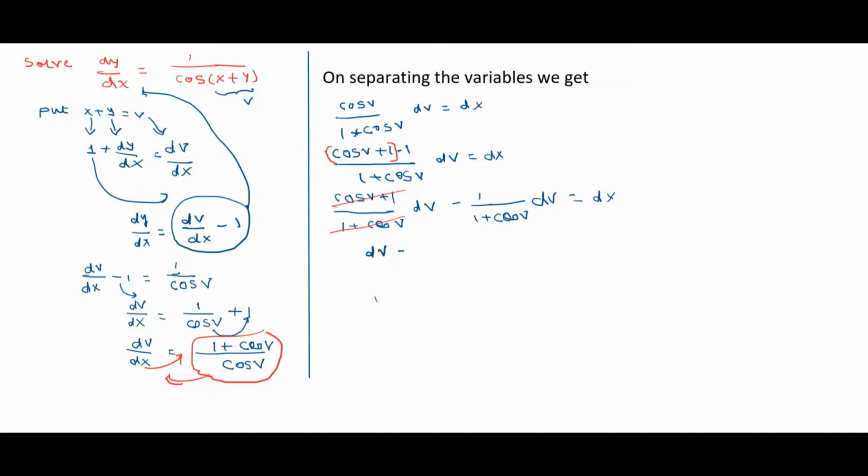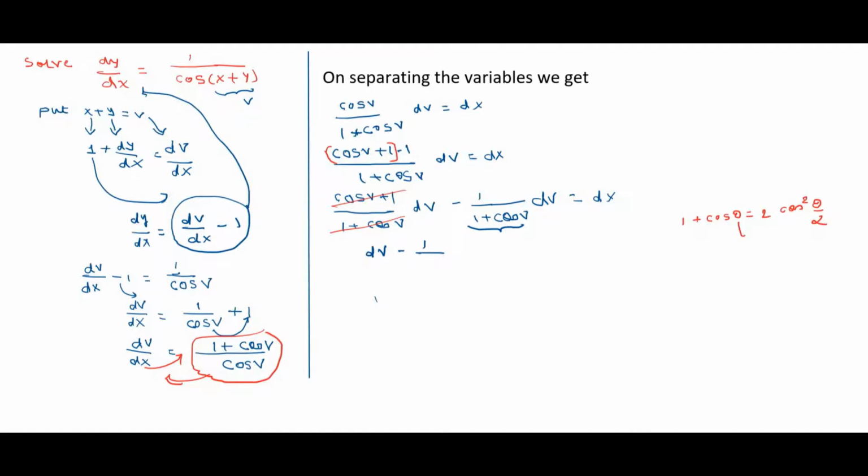And this is minus 1 divided by, you have to apply the half angle formula for 1 plus cos v. We know that 1 plus cos theta we can write as 2 cos square theta by 2.